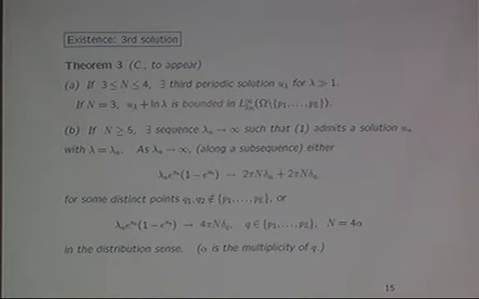One of the interesting problems which remains unsolved is the existence of the third solution. We have already found 2 solutions. One is the global minimizer, and the other a saddle point. And the existence of a third solution is a very interesting problem.